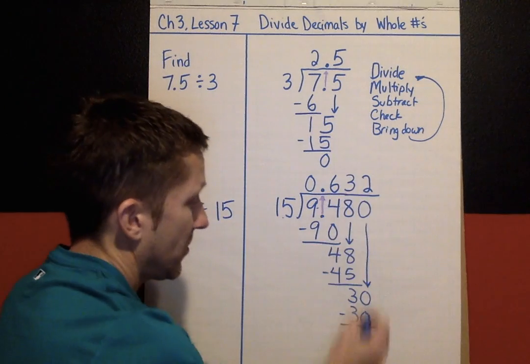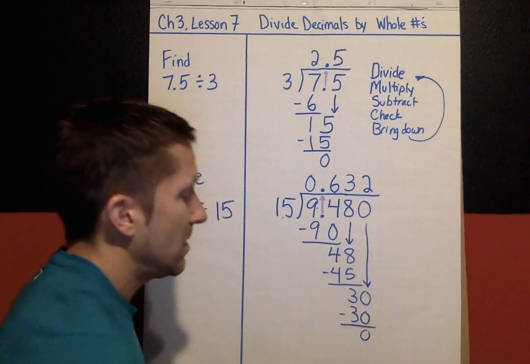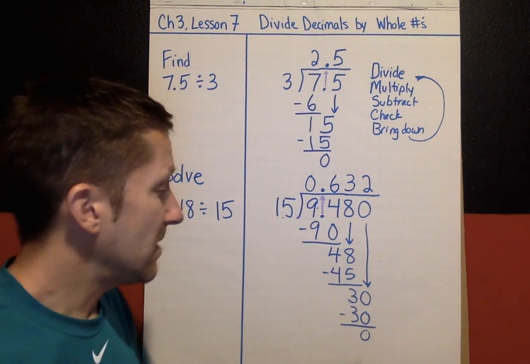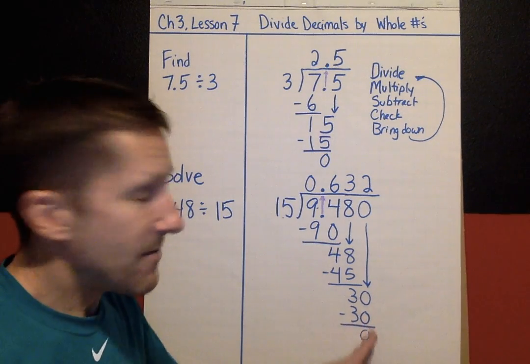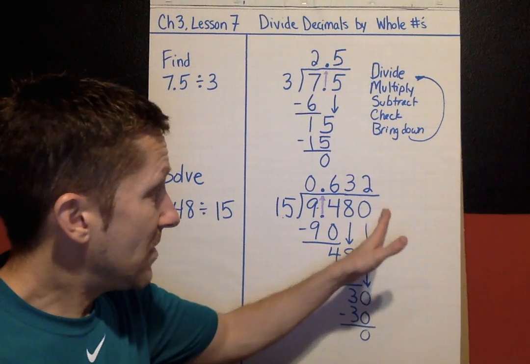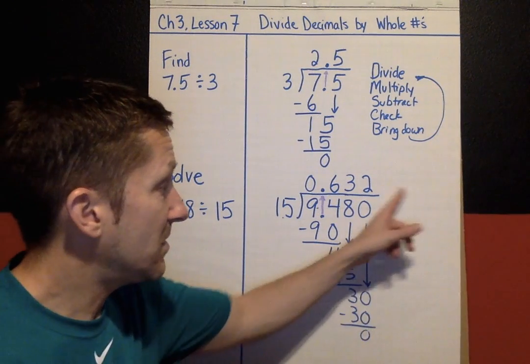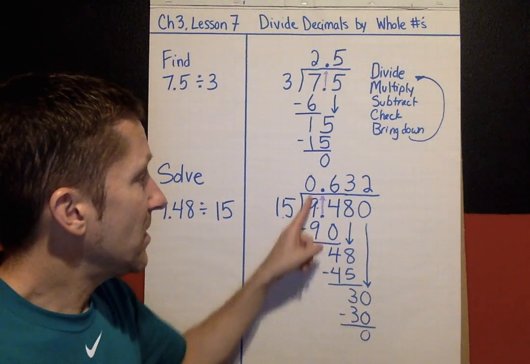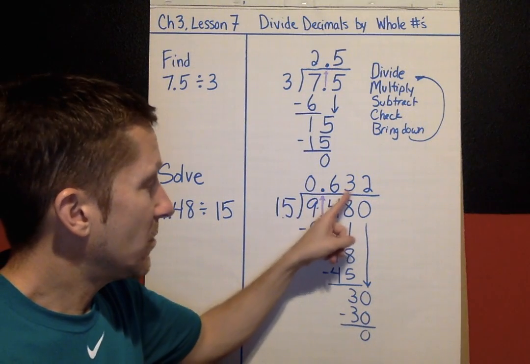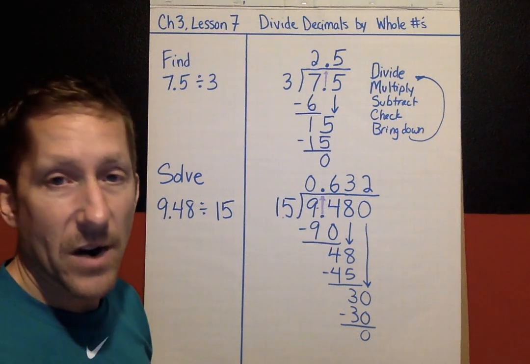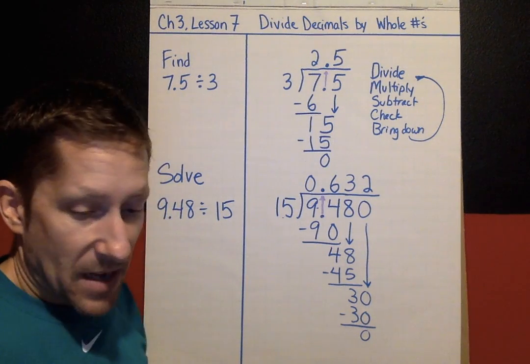Subtract. 30 take away 30 is 0. Check. Is 0 smaller than 15? Yes. I don't have anything left. I don't need to add another 0 and keep dividing. It would just wind up being zeros. So my answer is 0.632. How many times does 15 fit into 9.48?